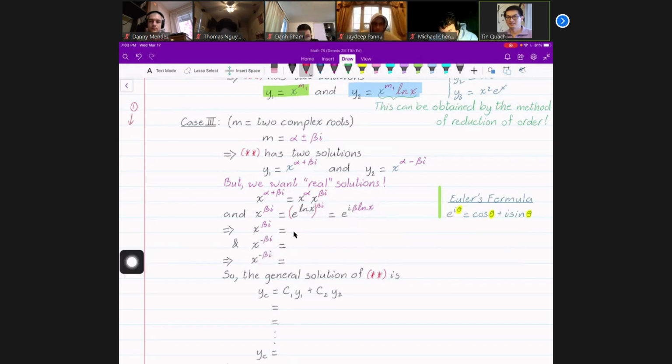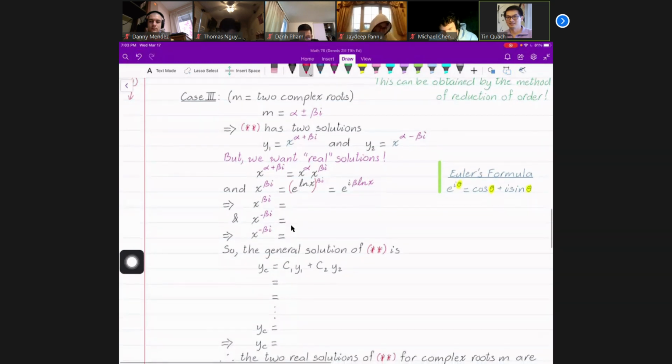With that said, this is like your theta, so that's e to the i theta. We can write it as cosine theta plus i sine theta.